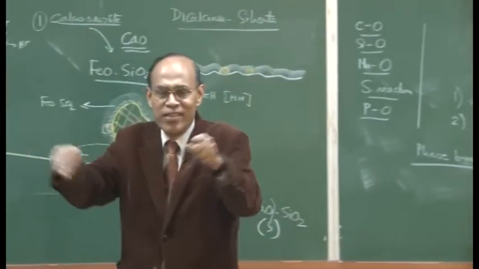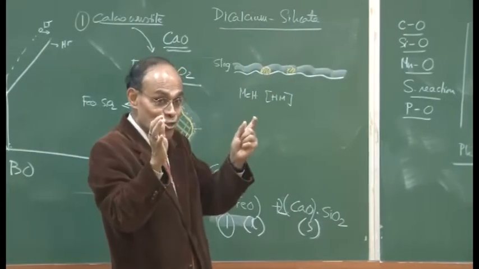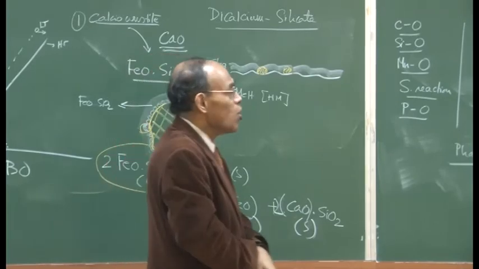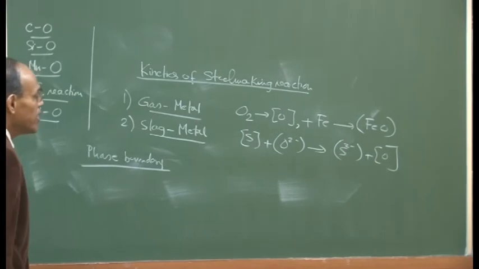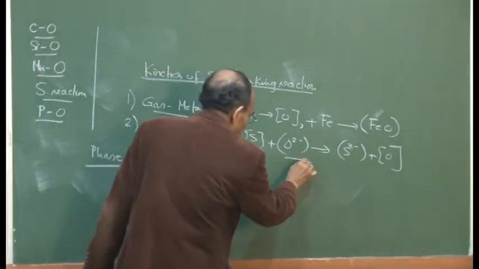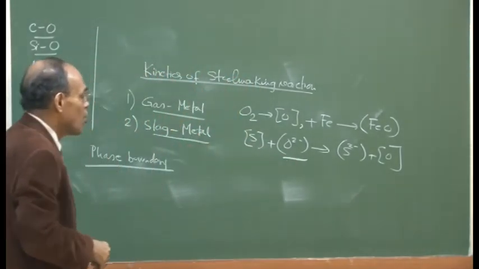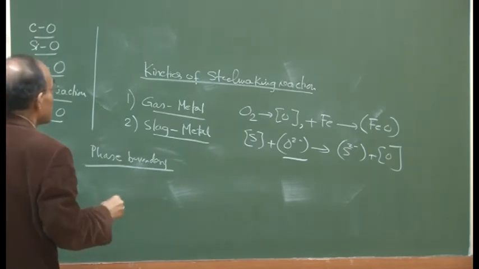CaO is there everywhere in the slag itself, but it is not pure CaO, that is what you must understand. So, such reactions can take place provided the anion, which is the measure of CaO, can transfer to the slag-metal interface.